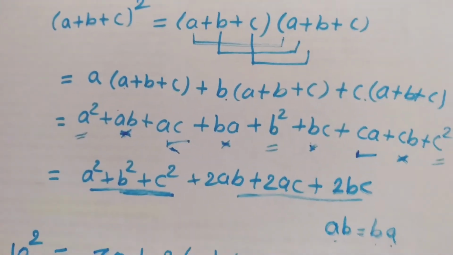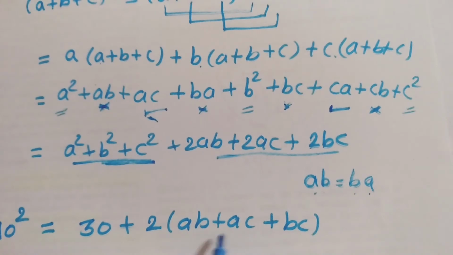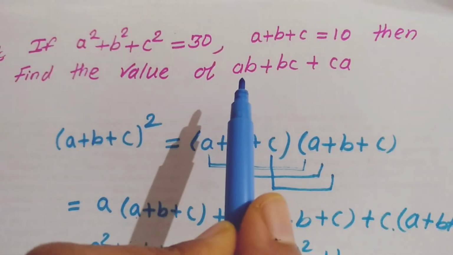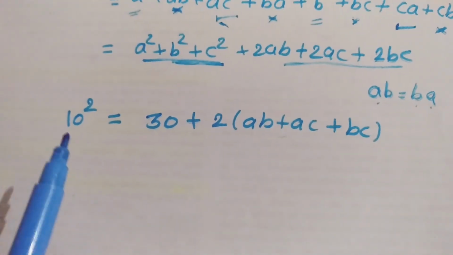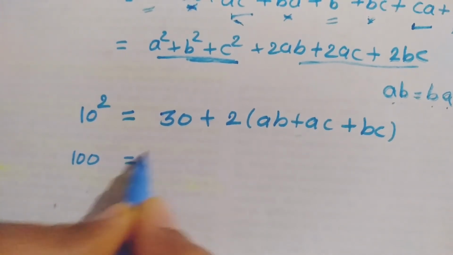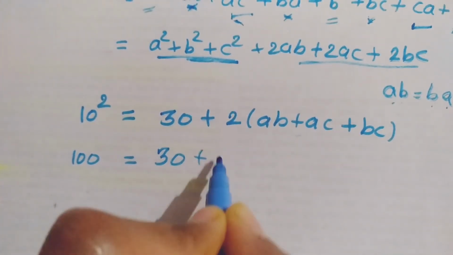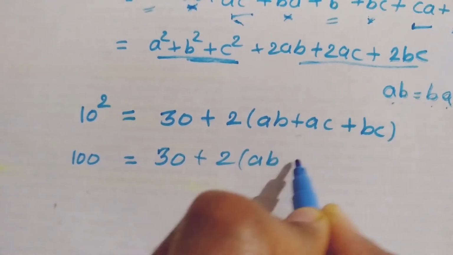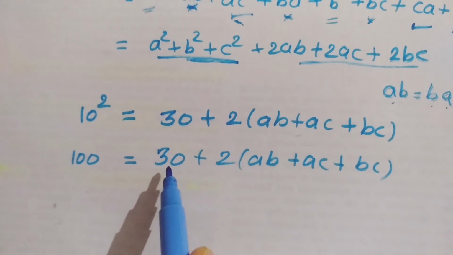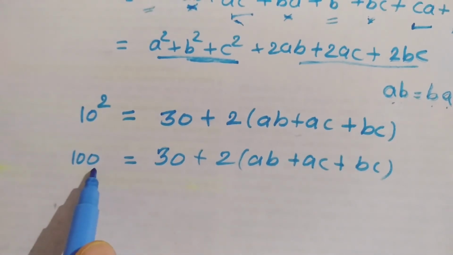And actually this value we have to find out in this question, because in the question we have to find the value of this term. So now it's just a calculation. Square of 10 is 100, so you can write here 100, and here 30 plus 2 times (ab plus ac plus bc). Now take this 30 to the left hand side.